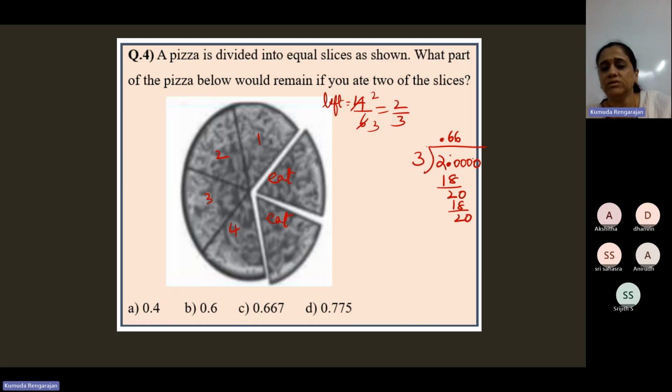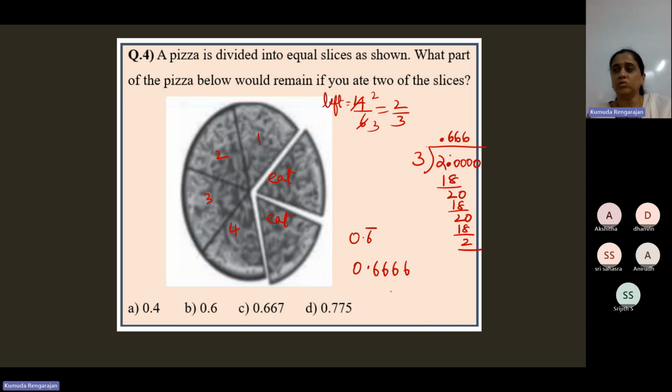Another 0 comes down. 6 3s are 18. 2 remains. Okay, so it goes on like this. So it is 0.6 recurring. That means 0.6666. It goes on like that.